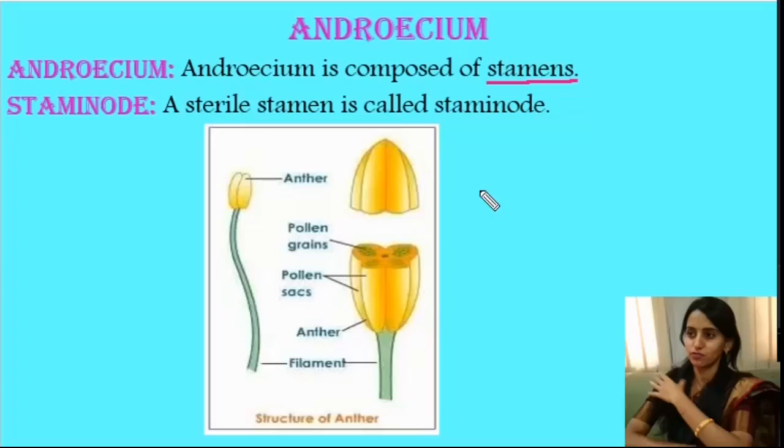They are known as sterile because they do not produce pollen grains. Such stamens are known as staminodes. What are staminodes? The sterile stamens are known as staminodes. What are sterile stamens then? The stamens in which the pollen grains are not produced. Such stamens are known as staminodes.